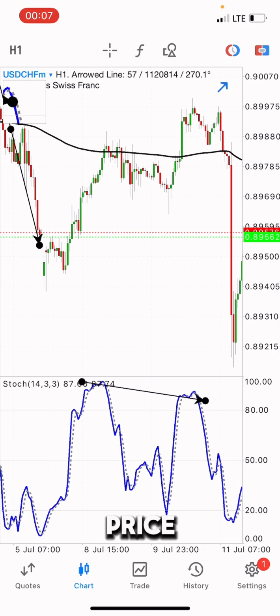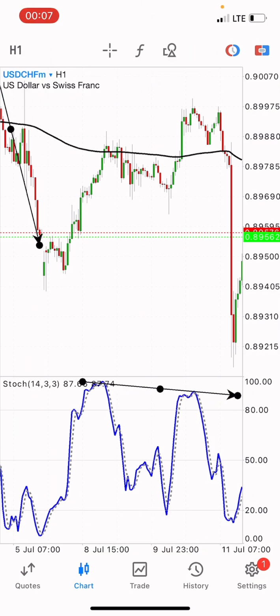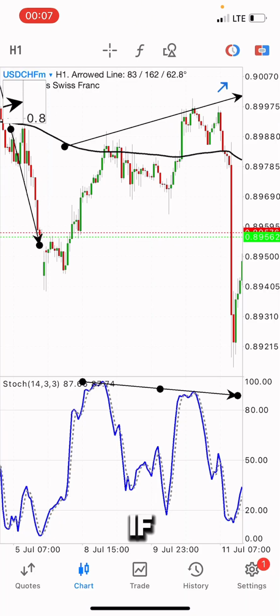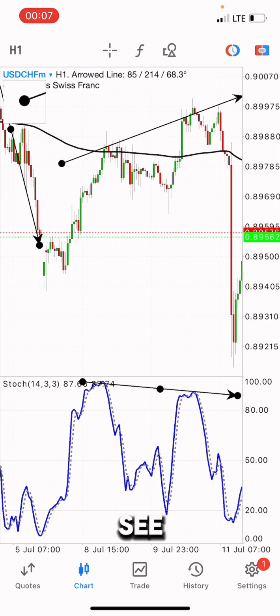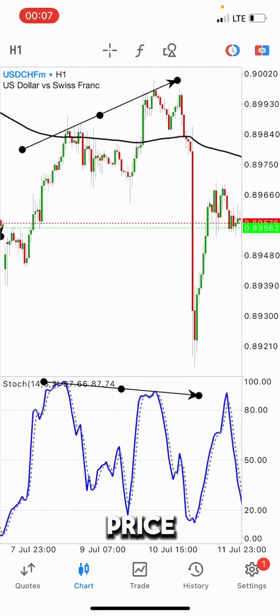Here price was making lower highs, and on the main chart here price was making higher highs. So if you trace it down completely, you would see that price was making higher highs here and lower highs on our stochastic oscillator.